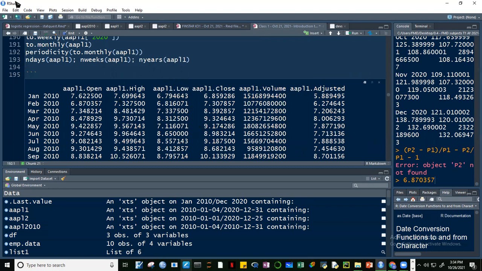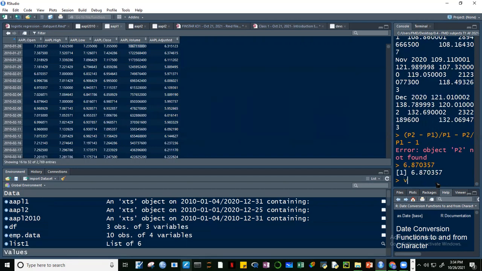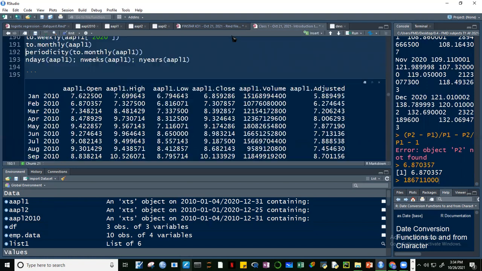How about the volume? Just to make sure that, okay, the volume is 1866. Okay, so this is what I was saying a while ago. 1867. If we look at the volume here, January 10. Okay, so this is the average volume.